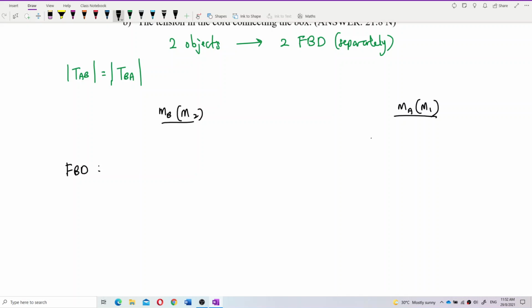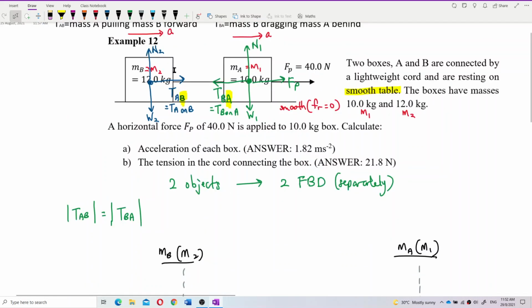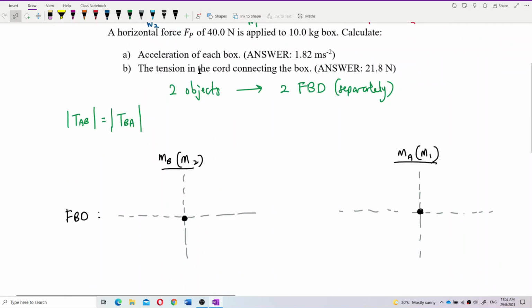Okay, first of all we draw the axes, the x-axis for both, and then the y-axis. Draw a point mass at the center. So mass B has these three forces. Just copy that.